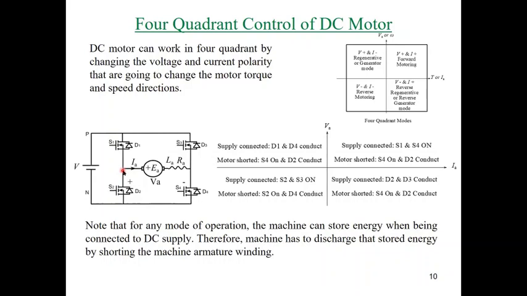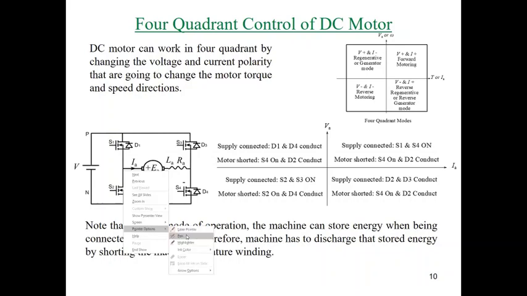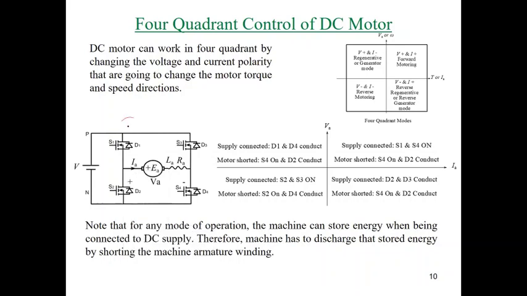So in that case, the current flow will be like that. The stored energy here will move the current through D1 and return to the supply and come back through D4. So this is the way of returning current to the supply.